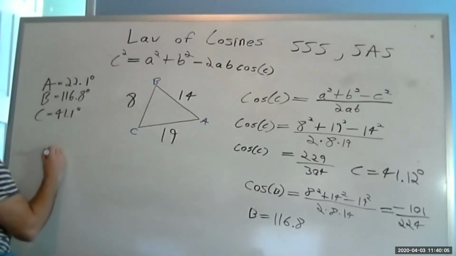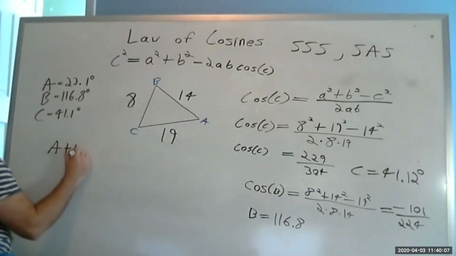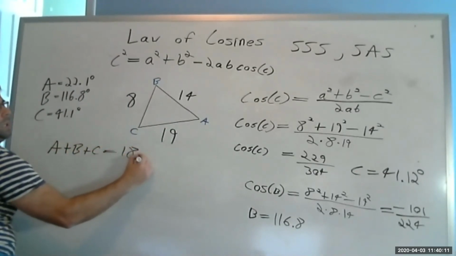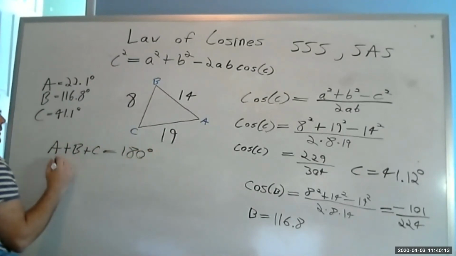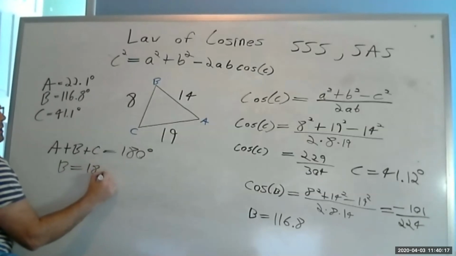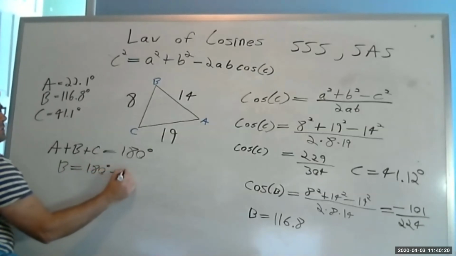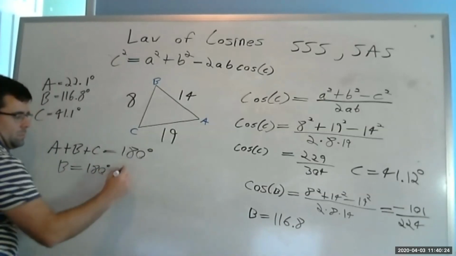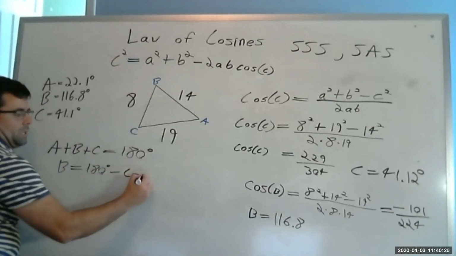So we know that A plus B plus C equals 180. That means that B equals 180 minus C minus A.